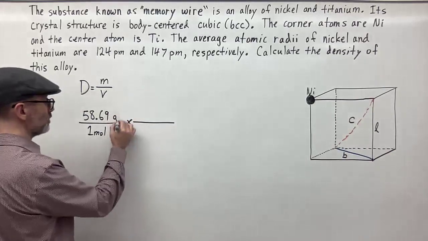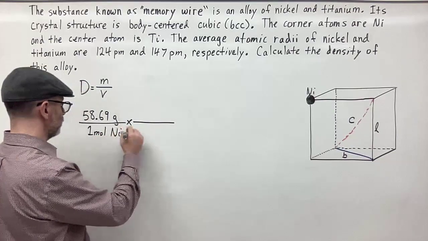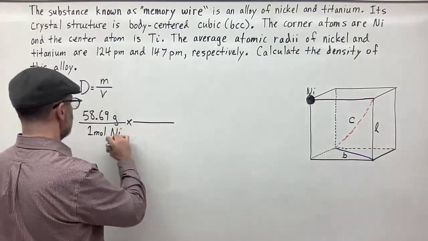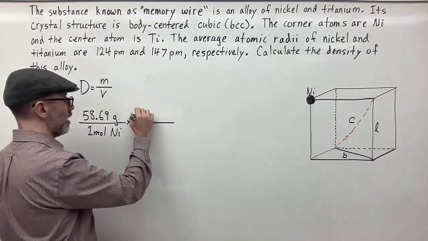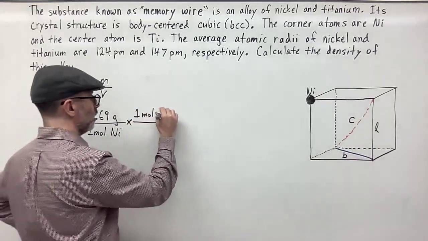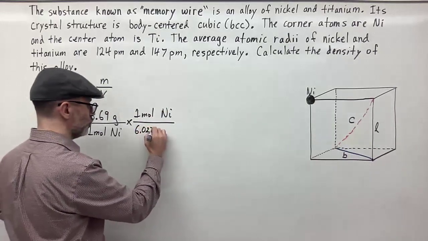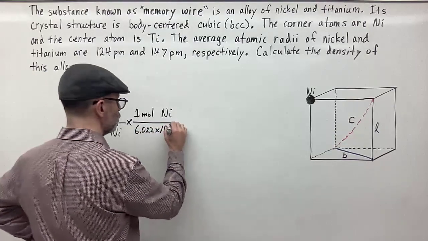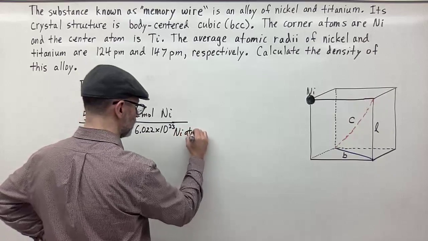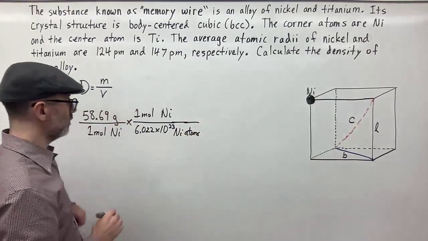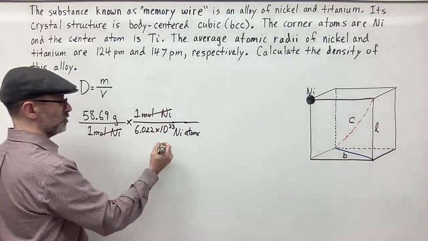So we'll use that as a conversion factor. Grams I want to stay the same, so with moles on the bottom here, I'm going to have 1 mole of nickel on top and 6.022 times 10 to the 23rd nickel atoms on the bottom. So moles of nickel cancel out, leaves me with atoms.